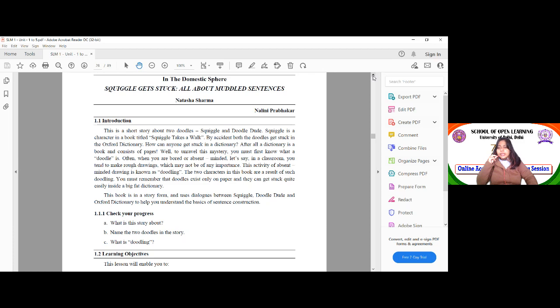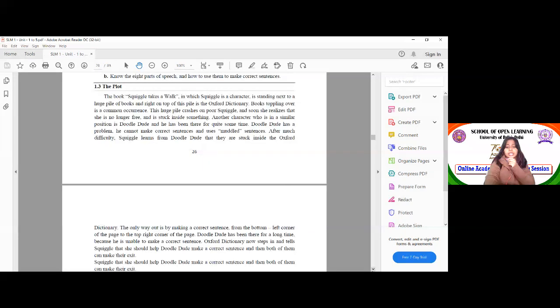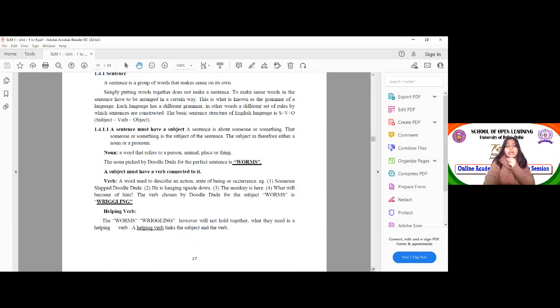So, in the last class, we studied the very basic sentence, a very basic sentence that consists of a noun, a verb, a helping verb, and a subject.